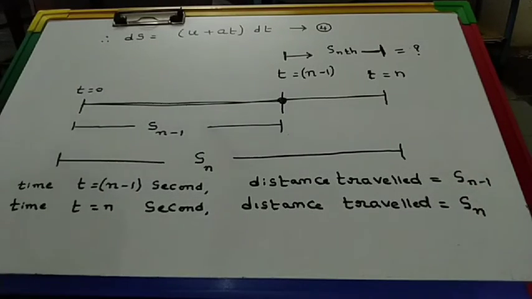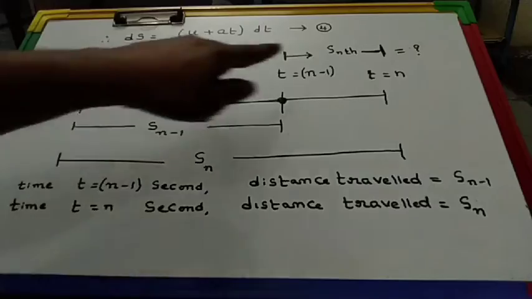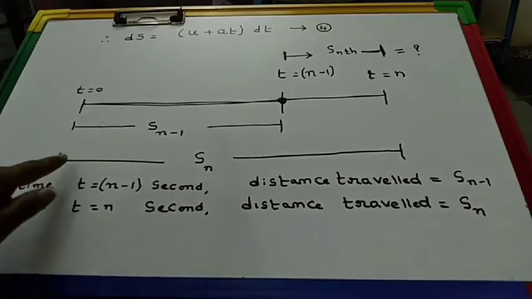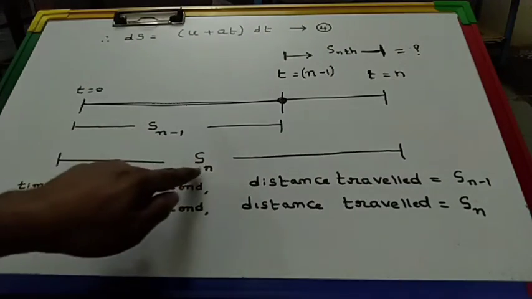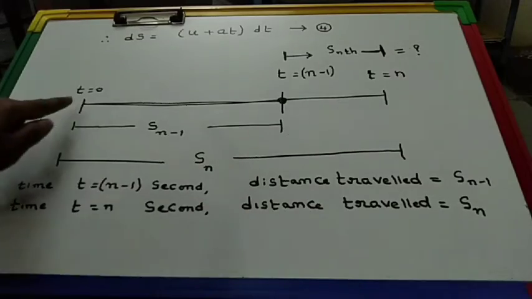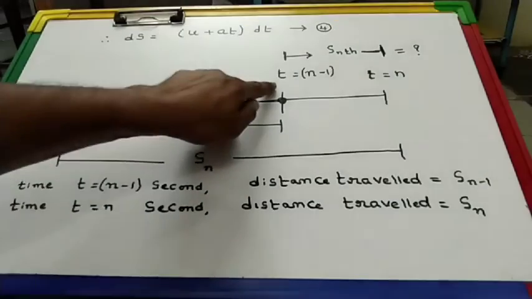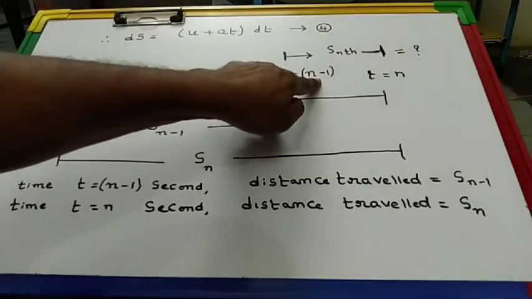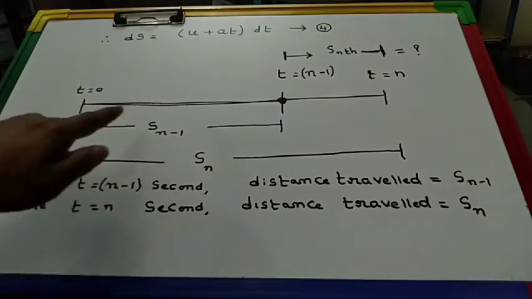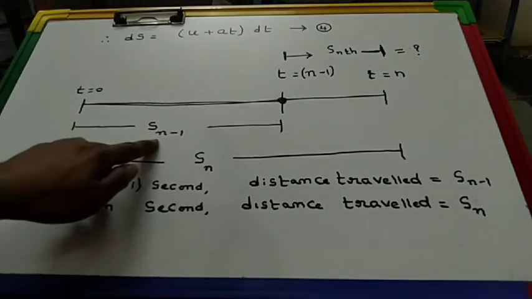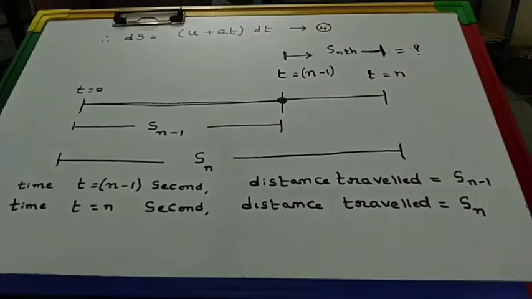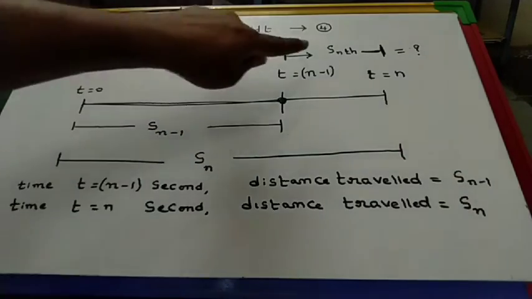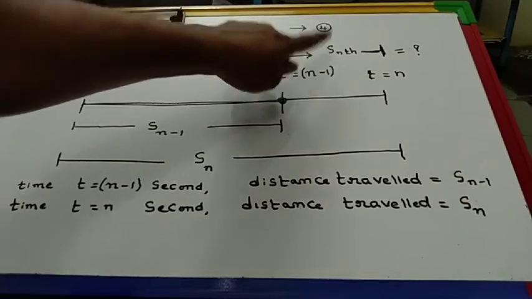Once again, if time t is equal to n, the distance traveled is Sn. If time is from 0 to t is equal to n minus 1, the distance traveled is Sn minus 1. Now our aim is to find S of the nth second.